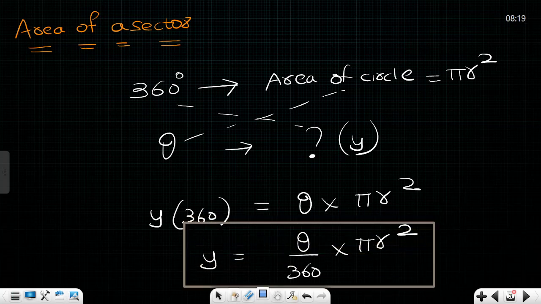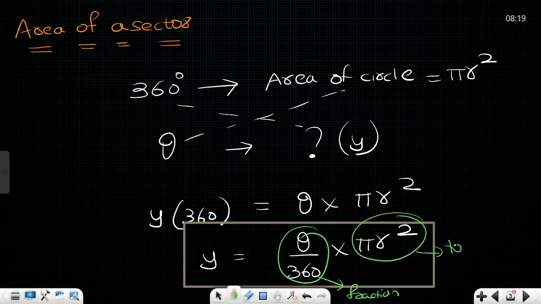Here also same analogy will work. This is the fraction and this is the total area of circle. So your area of sector is fraction of the total area. Please note down.